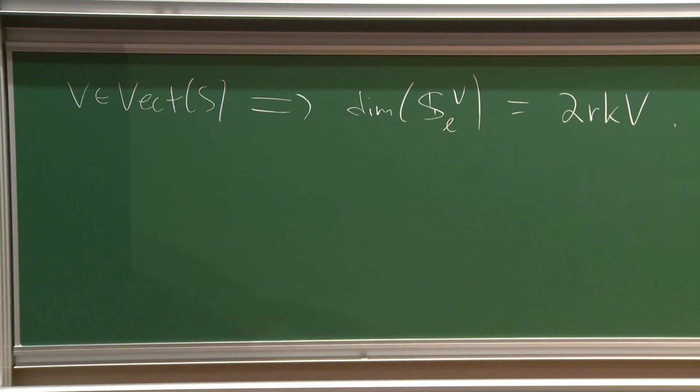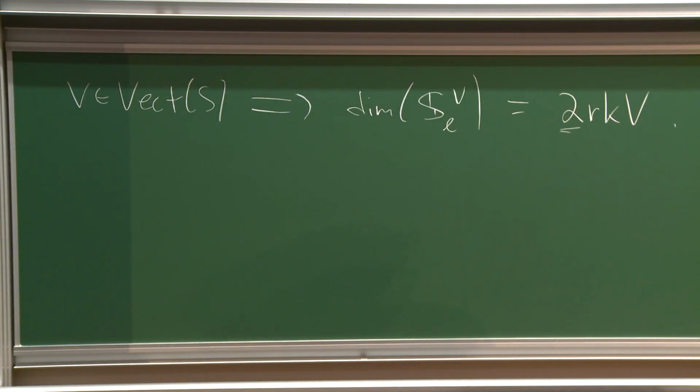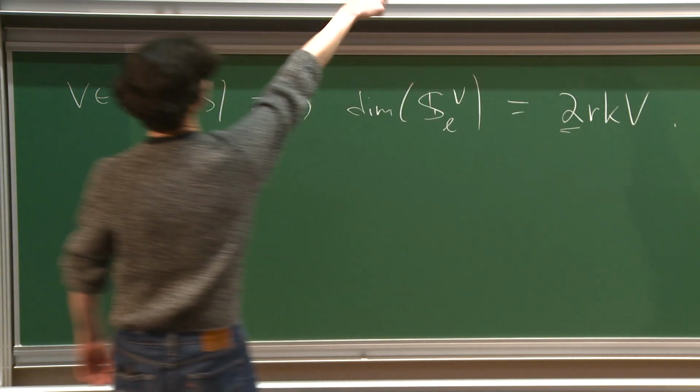So the Poincaré duality will be put in degree 2 times the naive dimension. That's the reason for this 2 here.